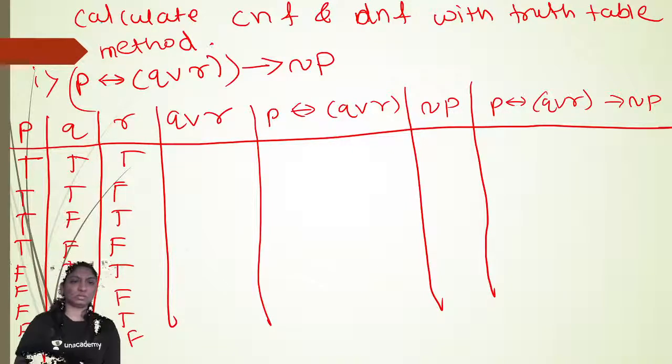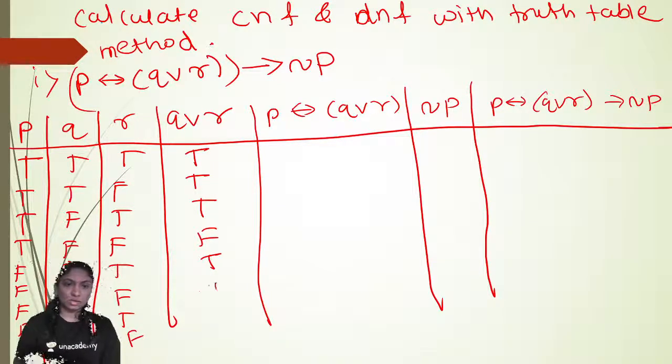Q or R. So Q or R, T T T F T T T F. P double implies Q or R. If both are true, then only true.